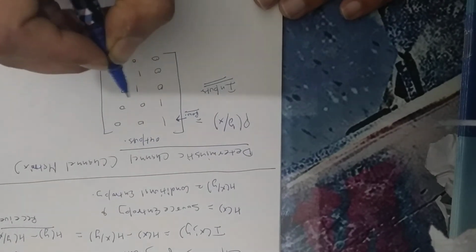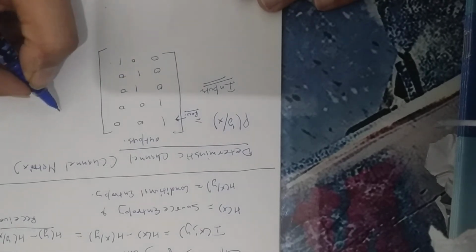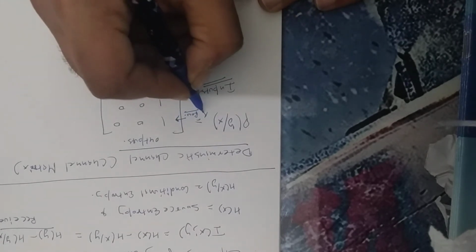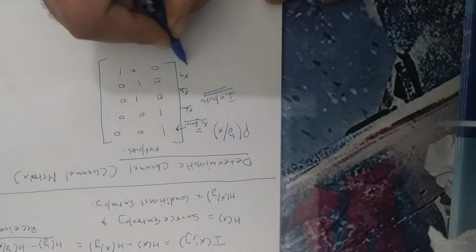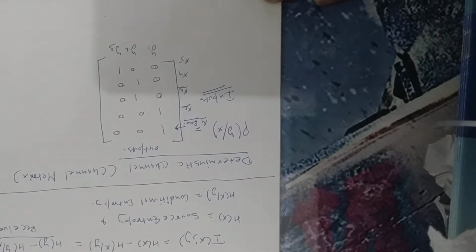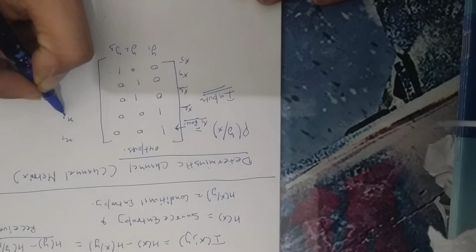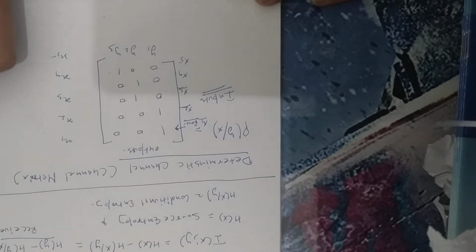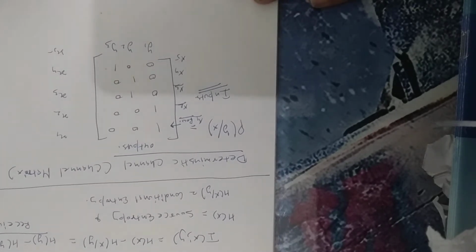If we draw the deterministic channel, it will appear like this: there are 5 inputs because there are 5 rows, x1, x2, x3, x4, x5, and 3 outputs, y1, y2 and y3.